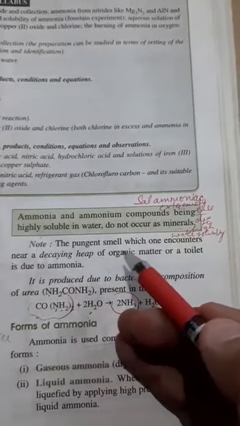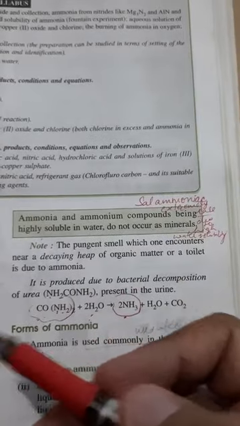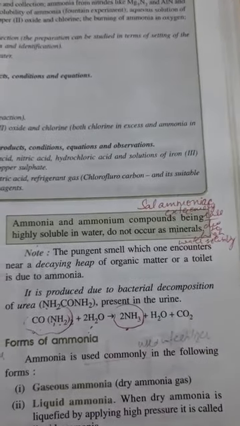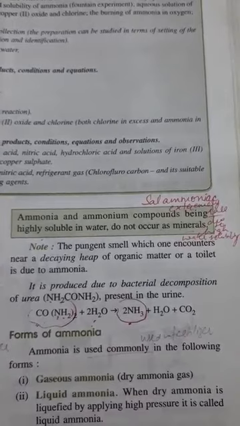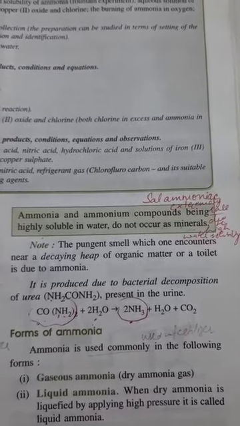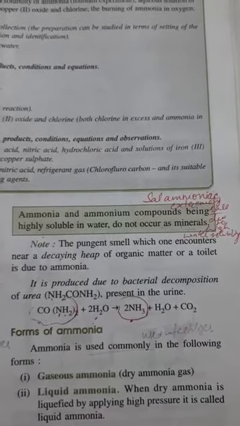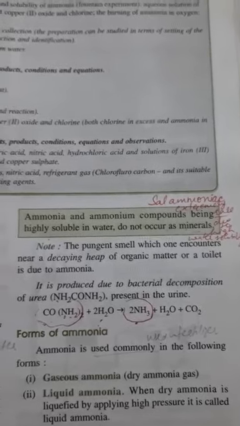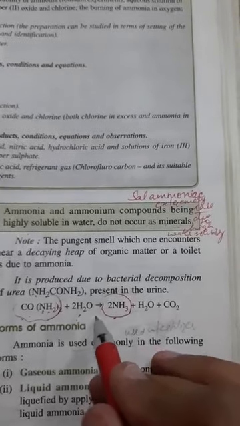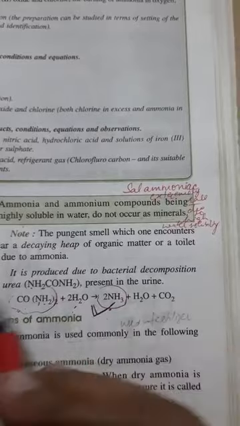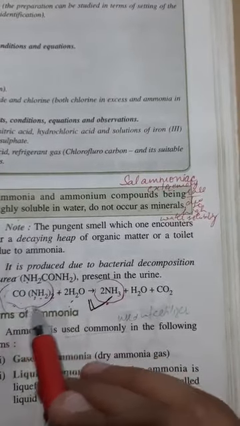The pungent smell which one encounters near a decaying heap or public toilets, right, is just due to ammonia. When urea undergoes bacterial decomposition in the presence of water, then ammonia gas is formed. See, this is the ammonia gas formed when urea undergoes decomposition. This is the formula of urea.